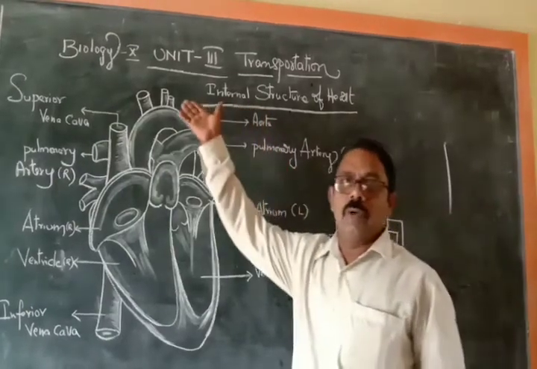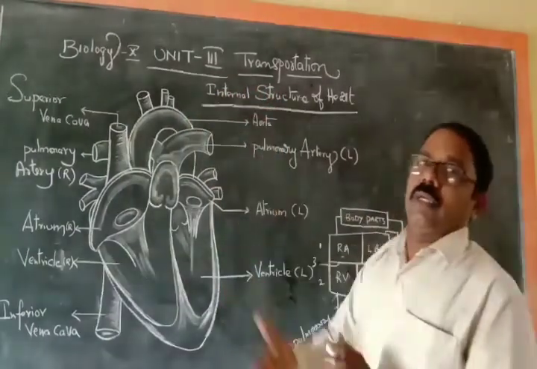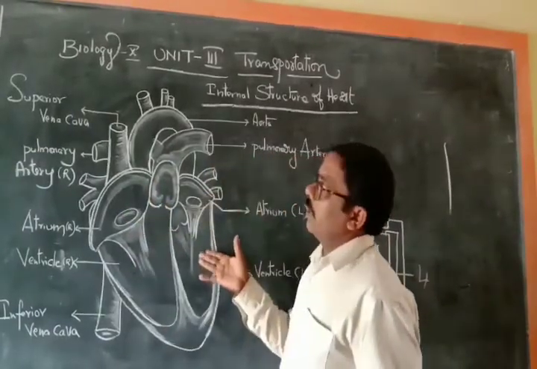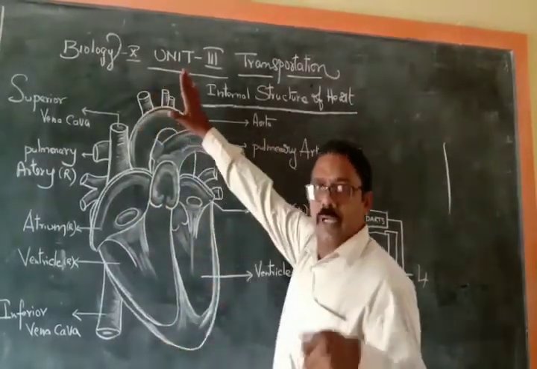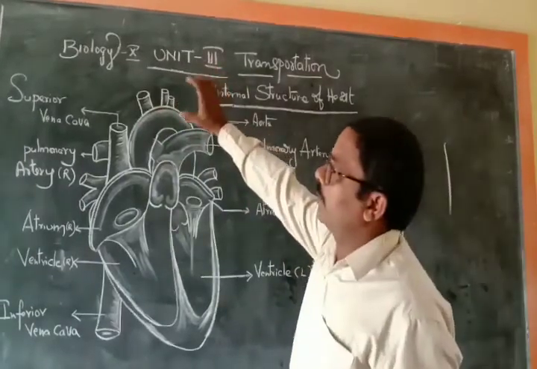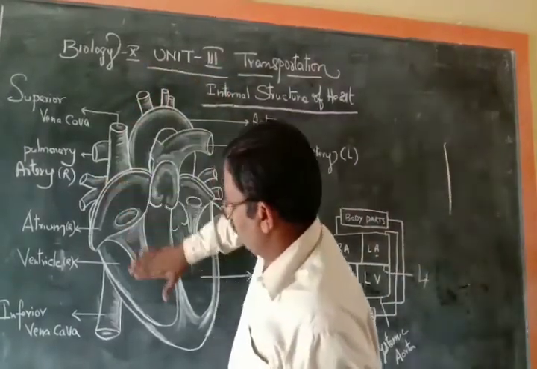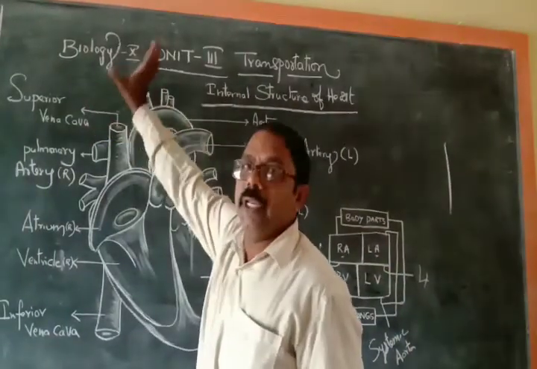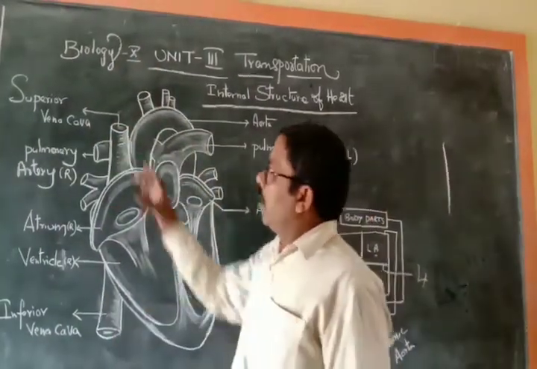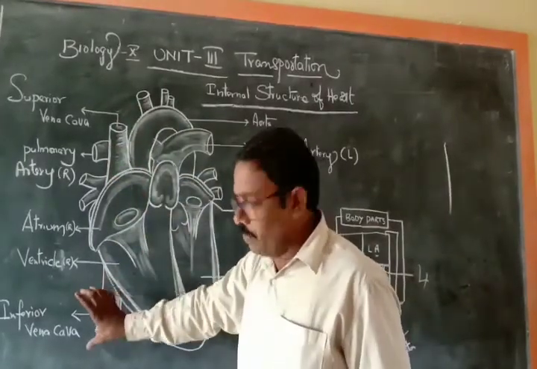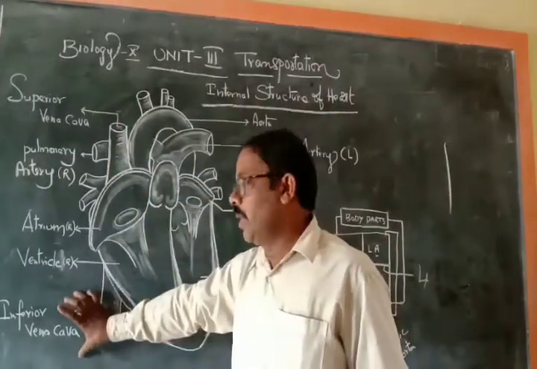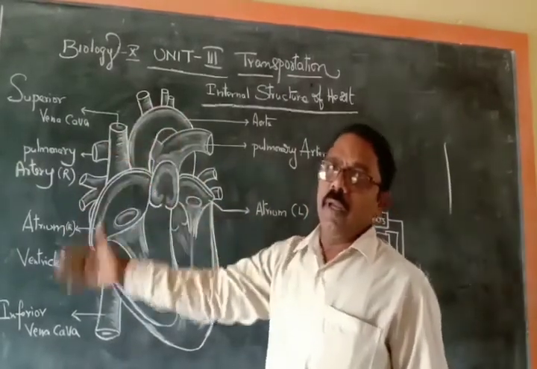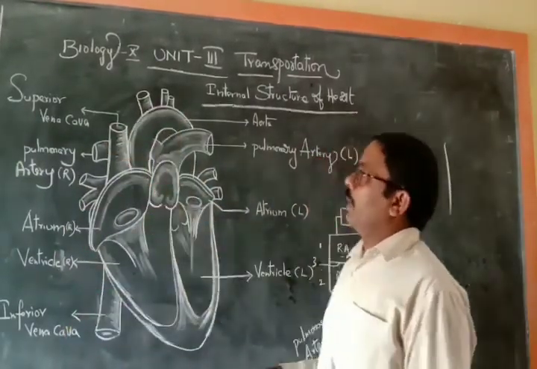Now we are going to the structure of the heart. One time I will explain it. These are the four chambers. This one is called the superior vena cava, and in the same way, below the heart is the inferior vena cava.